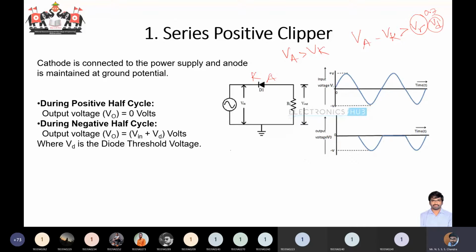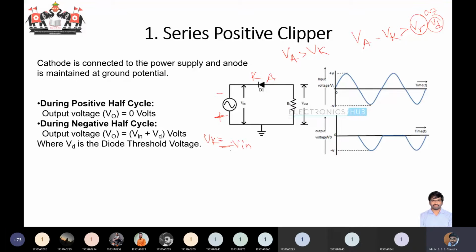During the negative half cycle, this condition has to be satisfied: V anode minus V cathode should be greater than V diode. For the negative half cycle, this is minus, this is plus, right? Your V anode is at 0, whereas V cathode is at minus Vin.